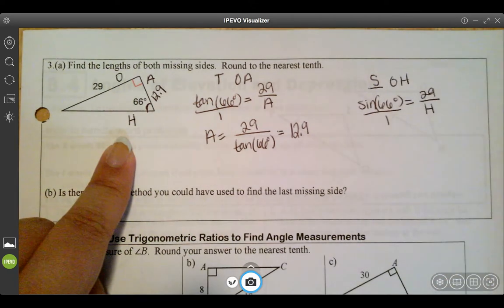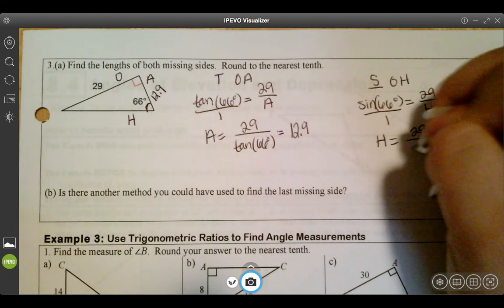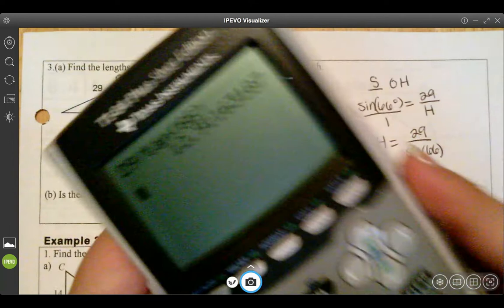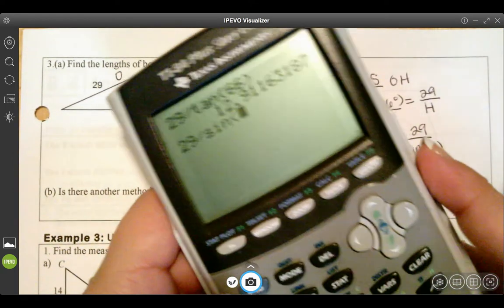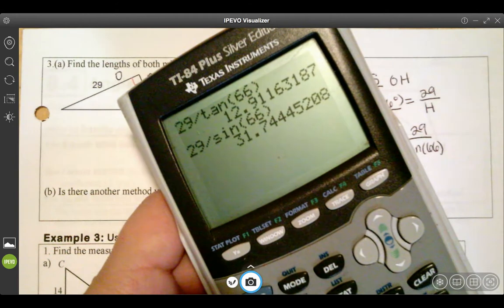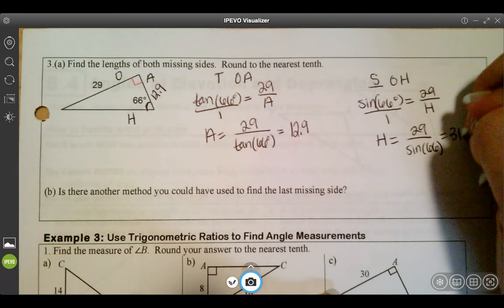Again, using our proportion trick, h equals 29 divided by sine of 66. 29 divided by sine of 66 degrees gives us 31.7.